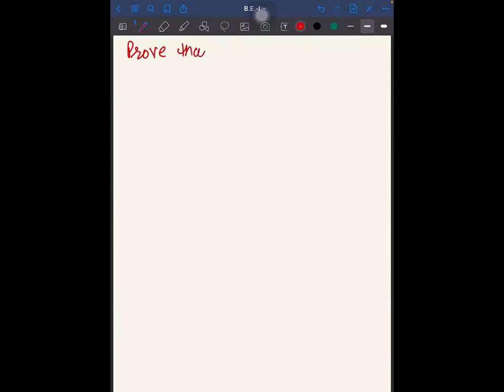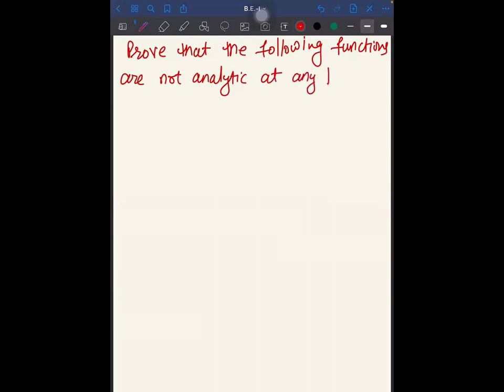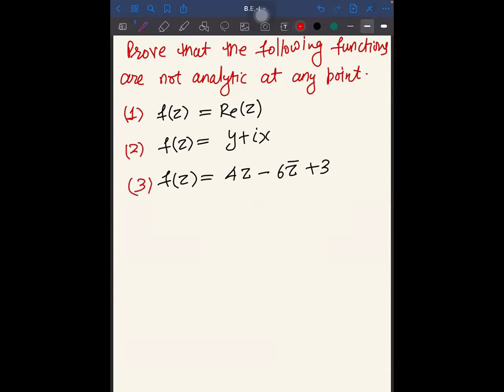Prove that the following functions are not analytic. Okay. At any point, किसी भी point पे नहीं है ये analytic. And next, you need to check that the following are analytic. ठीक है?